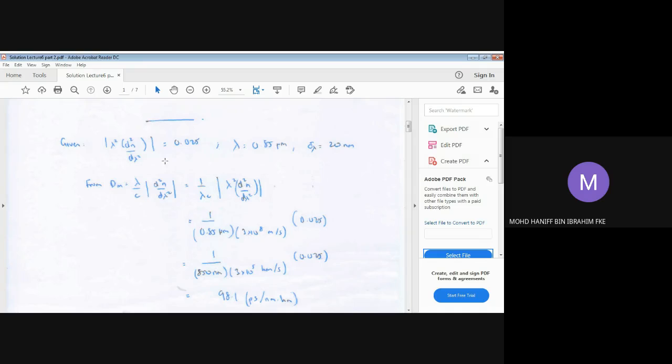So to use the parameters given, we have to multiply them by 1 over lambda c, such that we get back Dm, because the lambda squared and this lambda can be cancelled out, leaving only lambda over c.